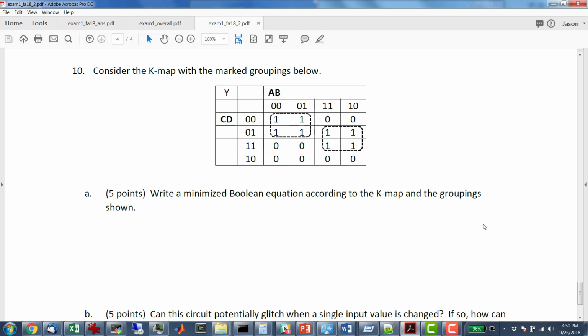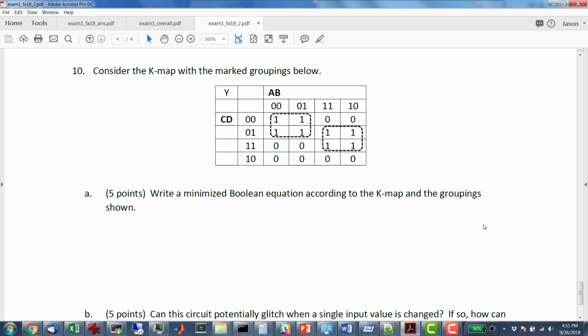So yeah, it looks like a glitch could happen because, for instance, if I'm over here and A and B are both 1 and C is a 0 and D is a 1, I could just change A, for instance. So if I flipped A from 1 to 0, that could cause a glitch because I've moved from this grouping to that grouping. I've crossed the boundary between two groupings.